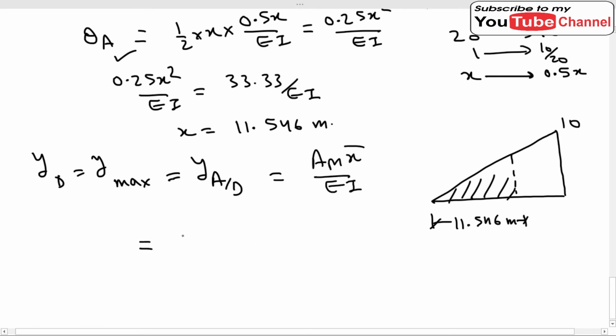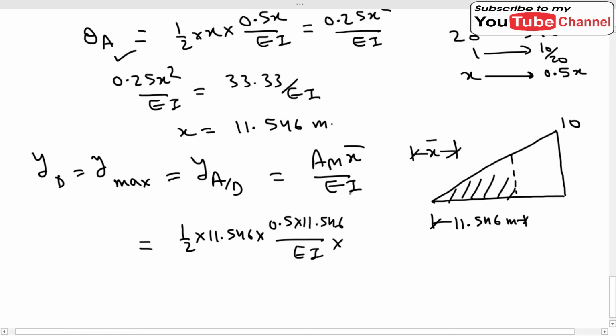So this will be equal to 1 by 2 times 11.546 into 0.5 into 11.546 upon EI, times the distance of the CG from here. Because we are finding the deflection at A, it will be equal to 2 by 3 times 11.546.